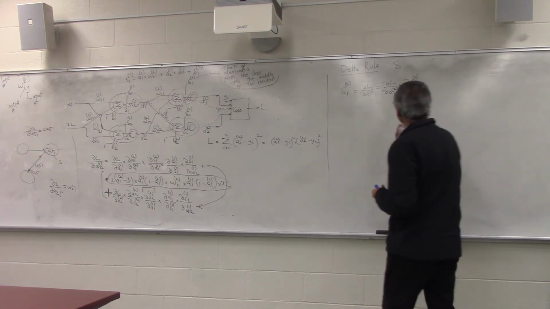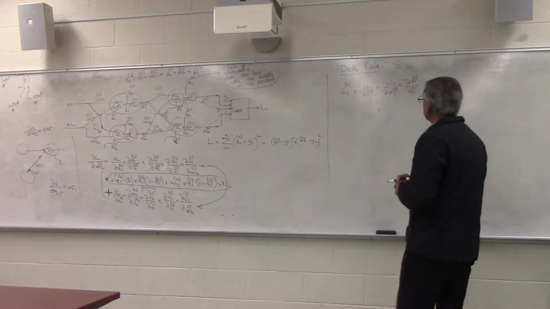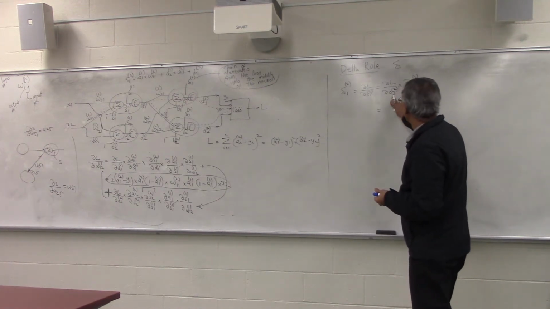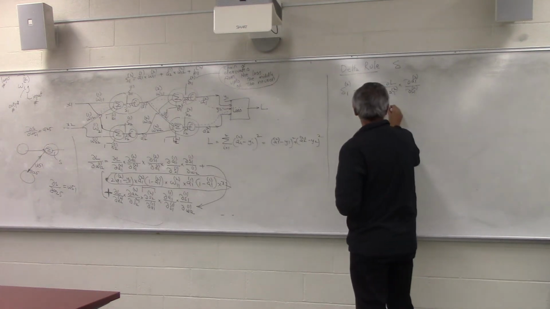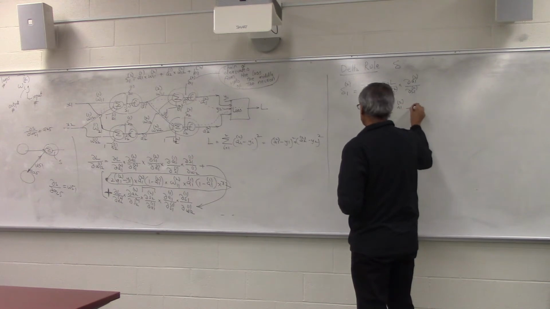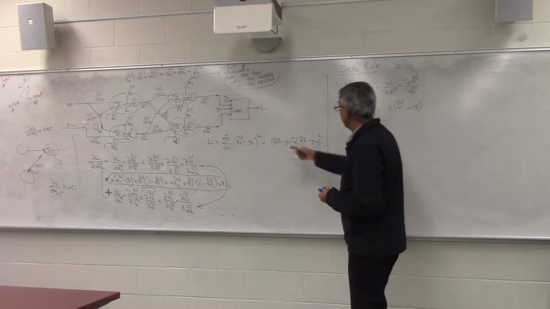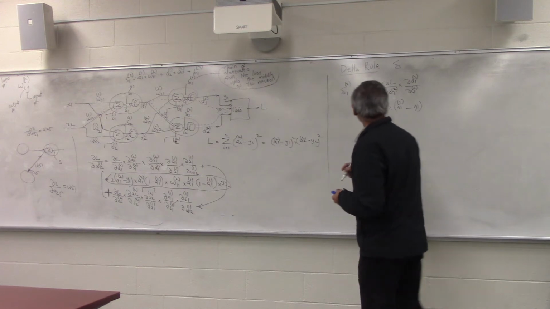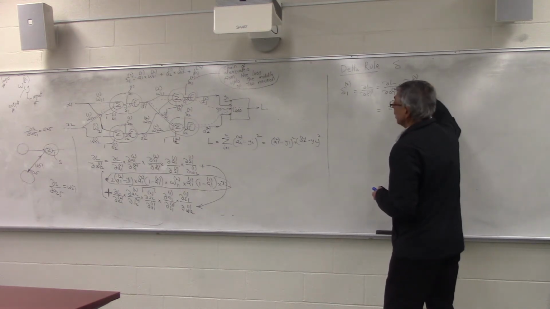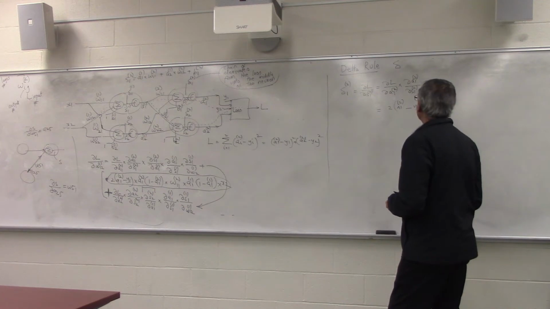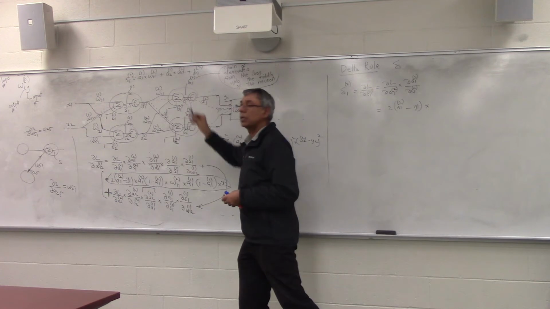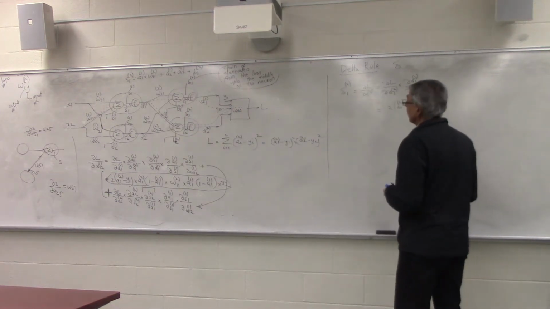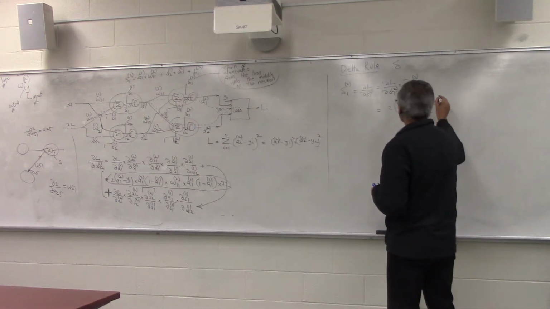Do we know this well? What will partial L over partial A1 of 2 be? Won't this be 2 times (A1 of 2 minus Y1)? Everybody agrees? Times partial A1 of 2 over S1 of 2. What's involved over here? Sigmoid, so what will be the answer? A1 of 2 times (1 minus A1 of 2).